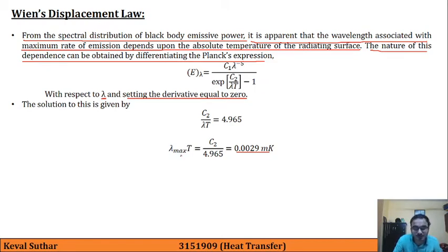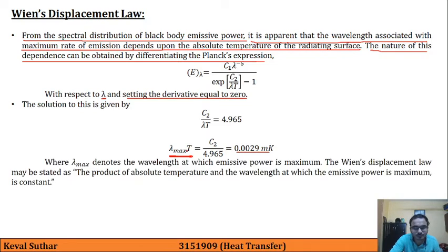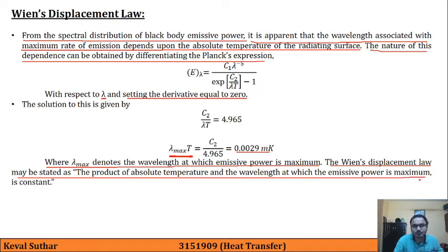That is the unit of lambda max into T. Here lambda max denotes the wavelength at which the emissive power is maximum. Wien's displacement law may be stated as: the product of absolute temperature and the wavelength at which the emissive power is maximum is constant.